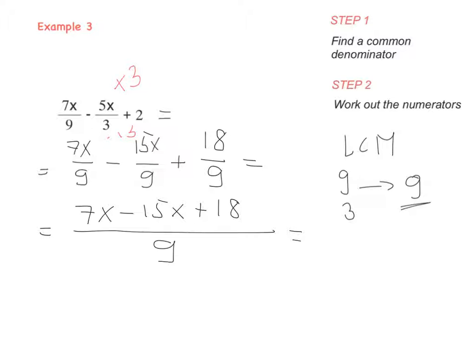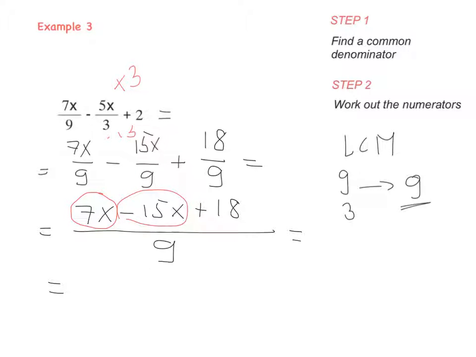Okay, now this is the next rule we can use. Simplifying. This is 7x and this is 15x. So we can group like terms. Okay, 7x minus 15x, they're like terms. They have the same letter. So we can take it away.